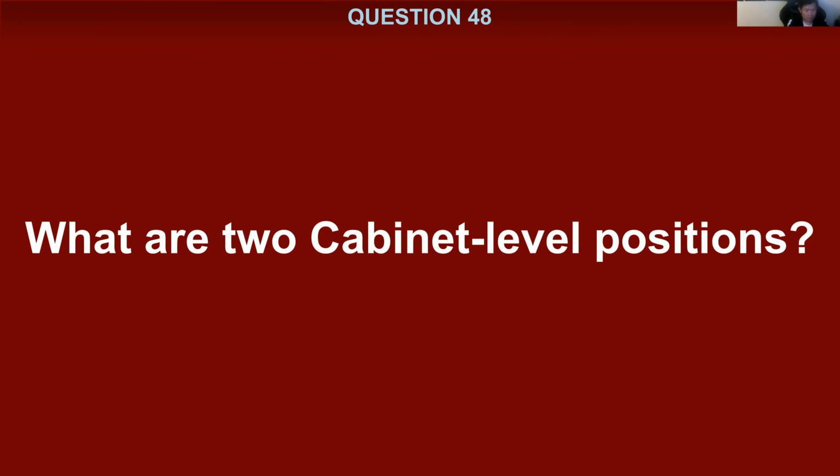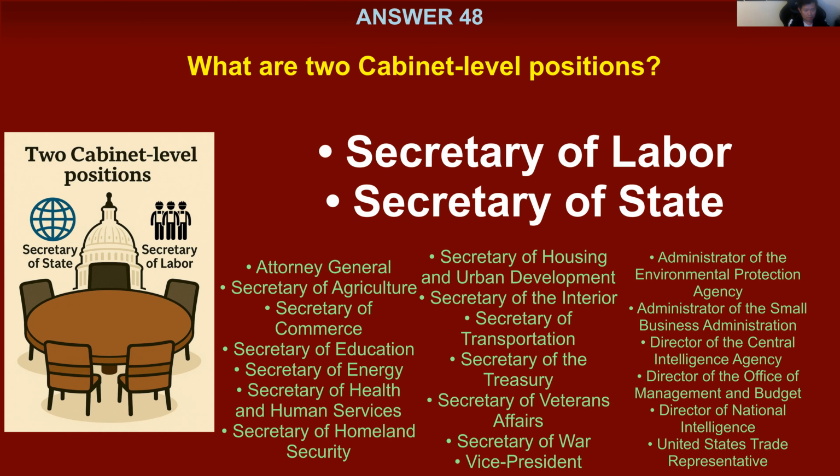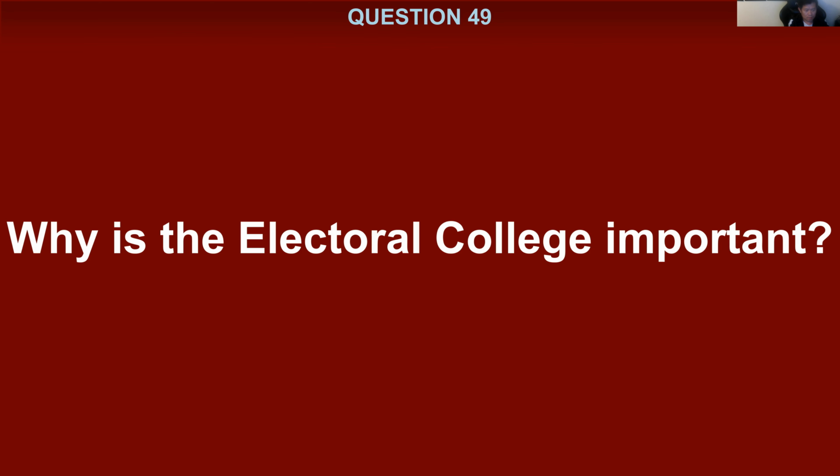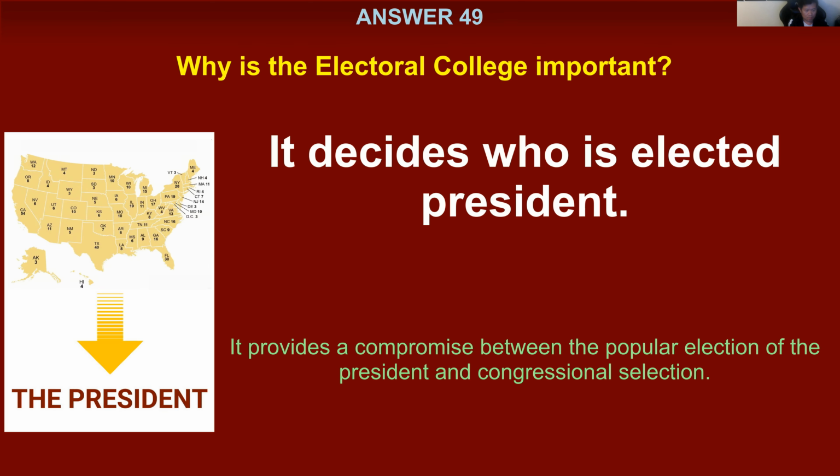What are 2 cabinet-level positions? Secretary of Labor, Secretary of State. Why is the Electoral College important? It decides who is elected president.